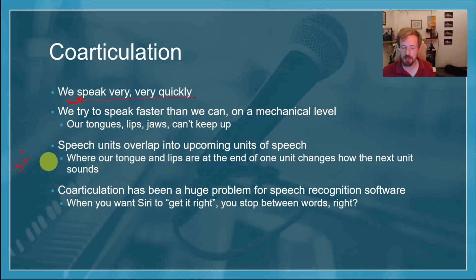Why is that? It's really because what computers were using to analyze what we were saying was just the waveform. It was just the sound wave. And as I tried to articulate here, you can't just go off the sound wave, because if you do, this we doesn't look like we whenever I'm saying we speak very quickly.